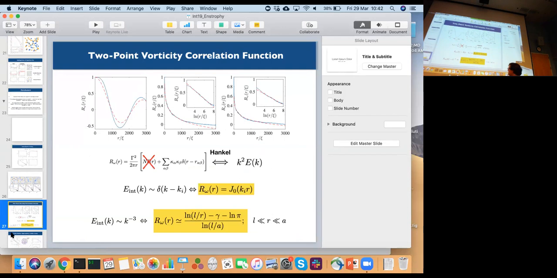You get this singular part at R equals 0, which is the corresponding bit of the self energy, if you like, and it doesn't tell you anything.